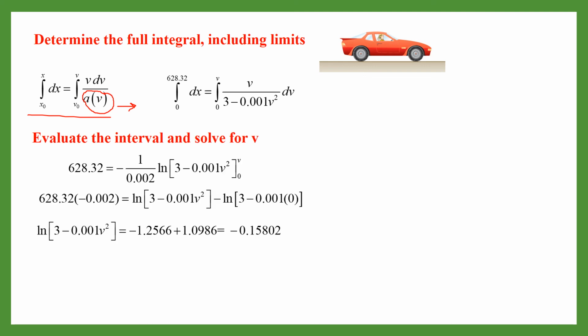Okay, so these are the steps which you can follow to solve for this integral. The LHS is quite straightforward. You will get the value of 628.32 minus 0, which is 628.32. In the RHS we will get it like this. When you integrate this, you will obtain this solution.